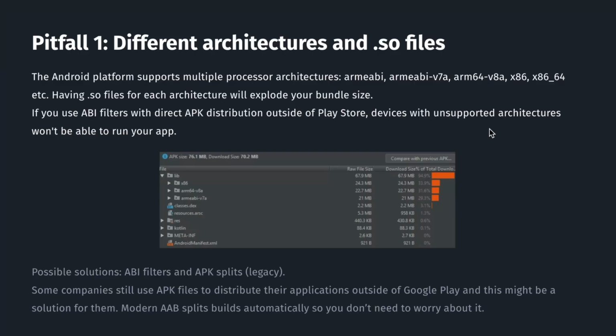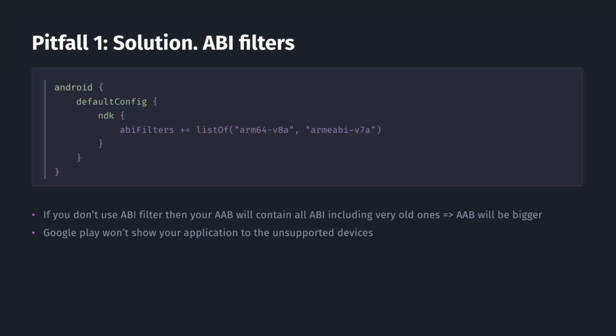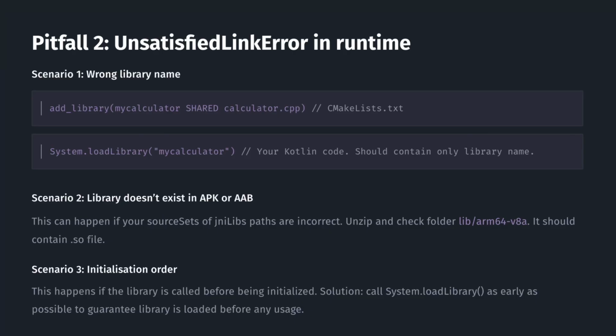The other is using the APK splits mechanism, in which case different APK files will be generated for each architecture. Or if you are using the modern AAB file format, it splits automatically, so you don't need to worry about it. It just won't show your application to unsupported architectures.